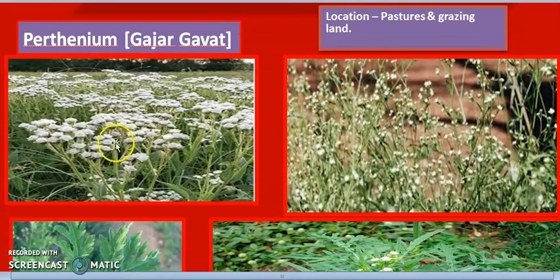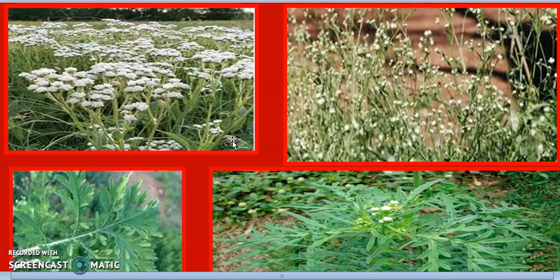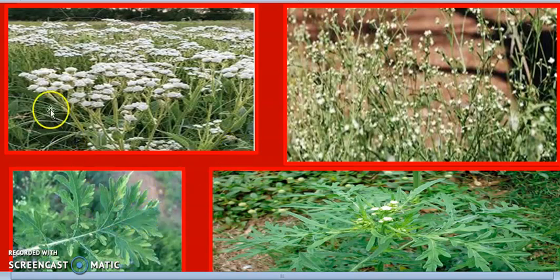Here we see the flowering and seeding stage of Parthenium species. So student, we have seen the different types of weed plants which are easily identified in our field or on roadsides where they appear or occur.